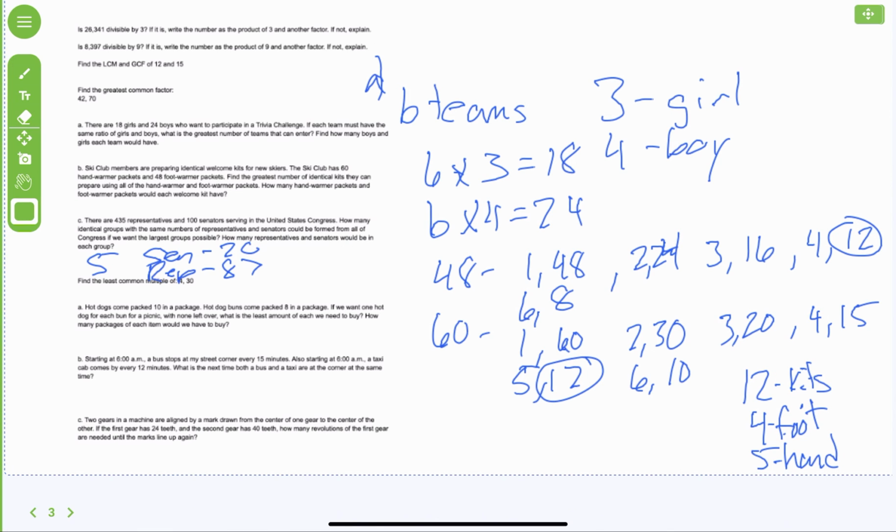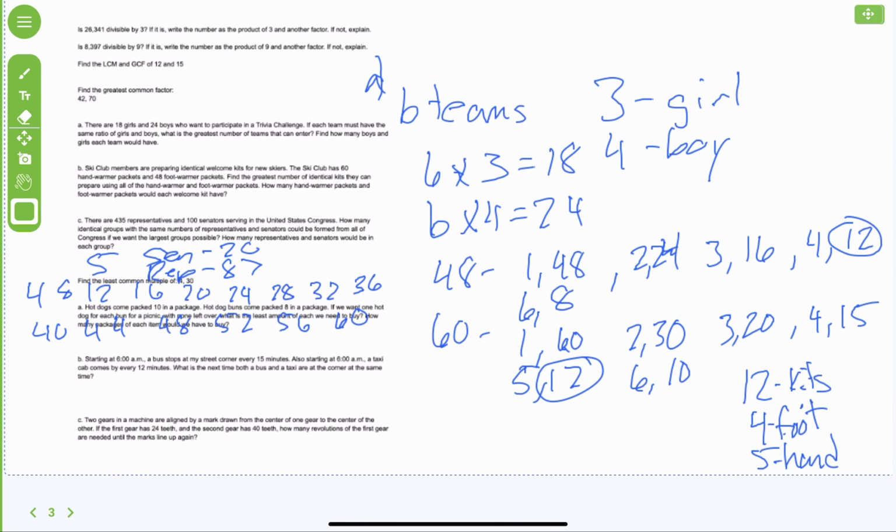Now, find the least common multiple of, is that 4 and 30? You just multiplied them together. Can't always do that. Okay? So we would just say 4, 8, 12, 16, 20, 24, 28, 32, 36, 40, 44, 48, 52, 56, 60.